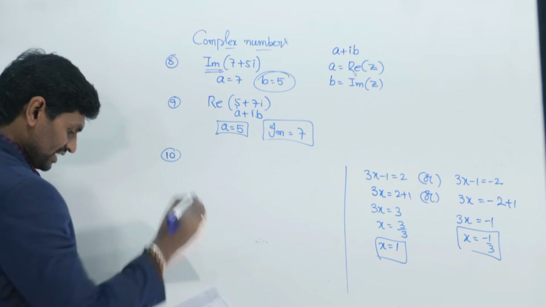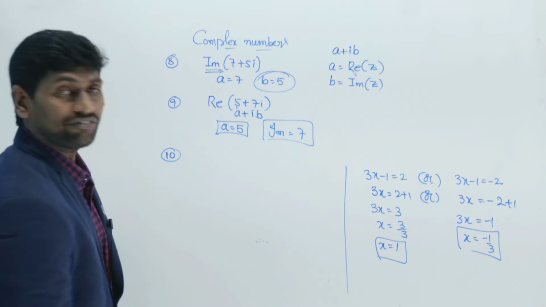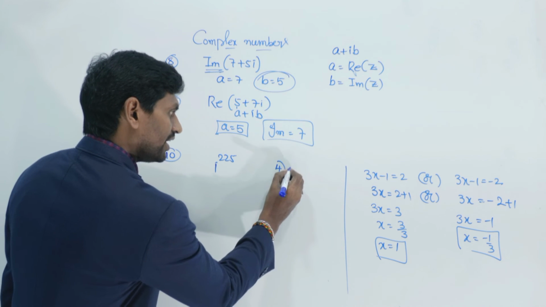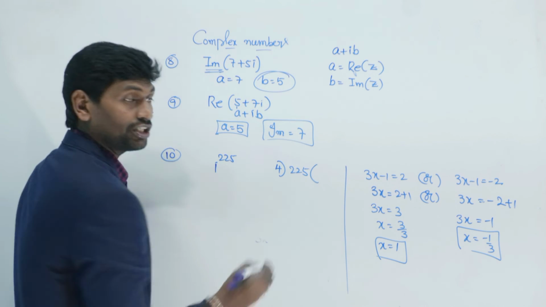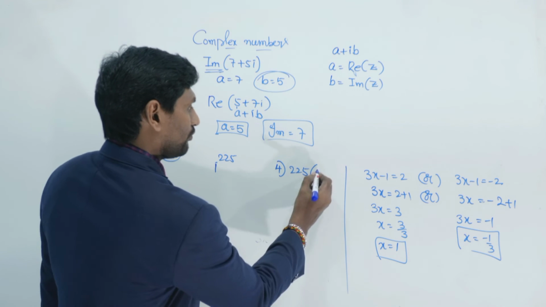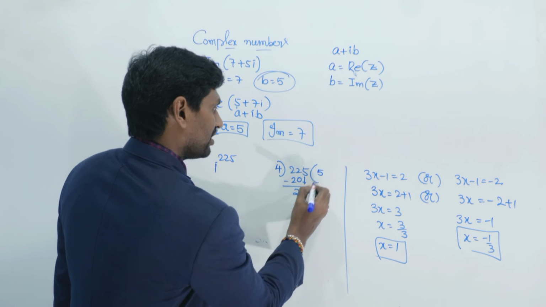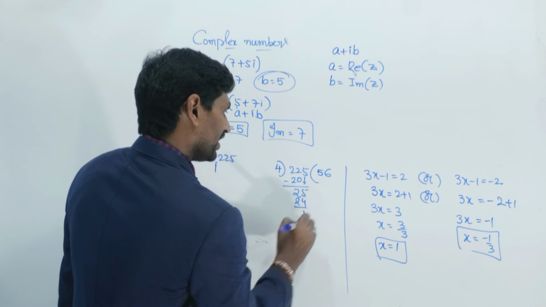Next, question number 10. i power 225. Let us try to write 225 as a multiple of 4. 4 5s are 20, 4 6s are 24, remainder 1.